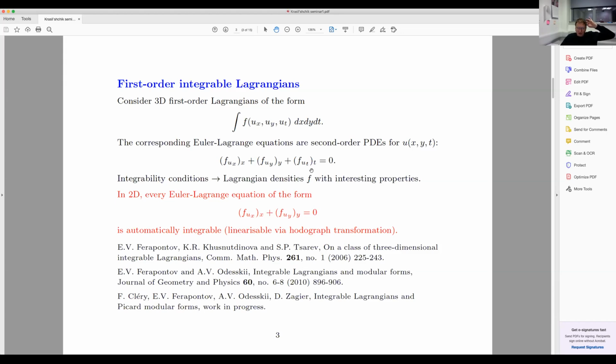There are several equivalent approaches to integrability of such Lagrangians. First of all, you may ask that there is a dispersionless Lax pair in vector fields. All right, this is one definition.